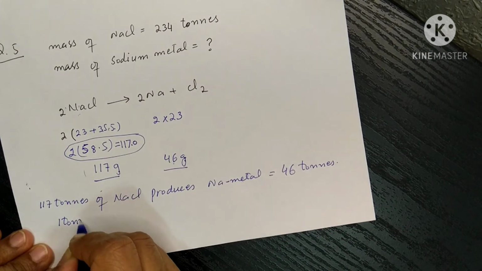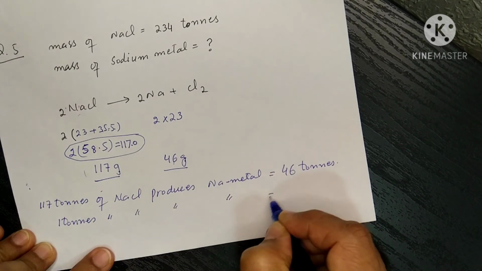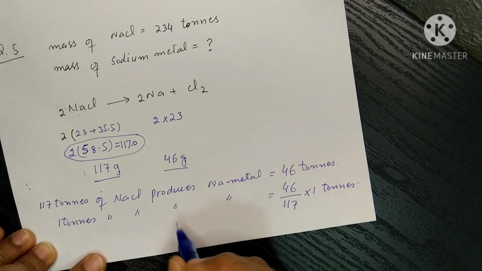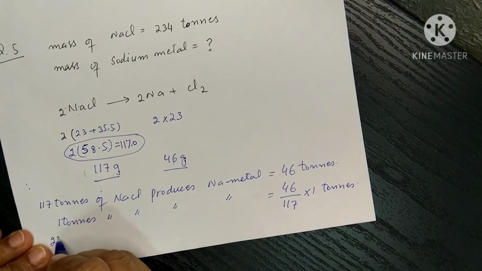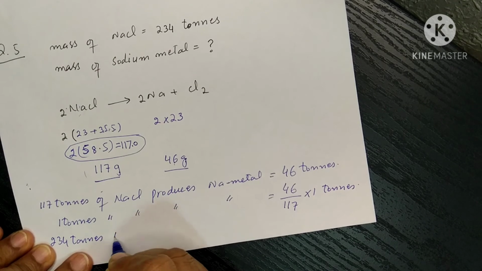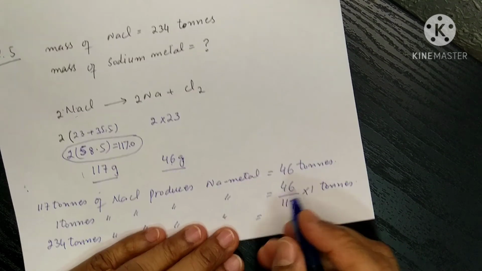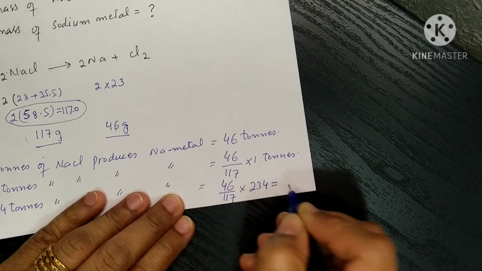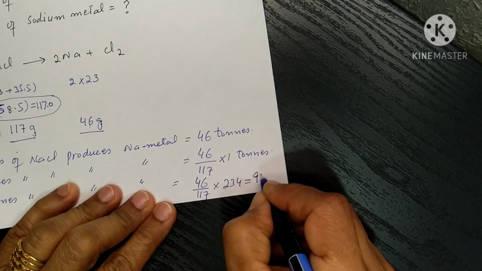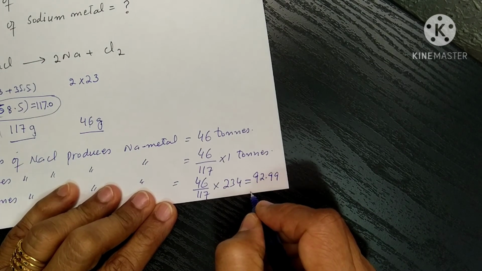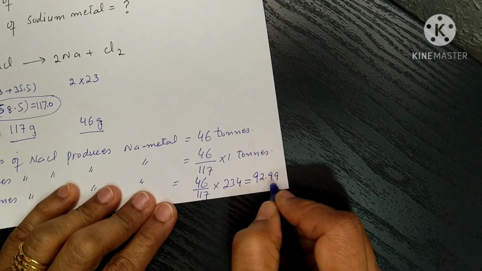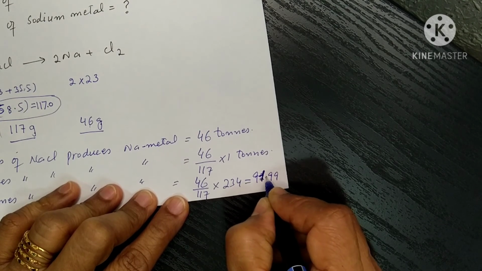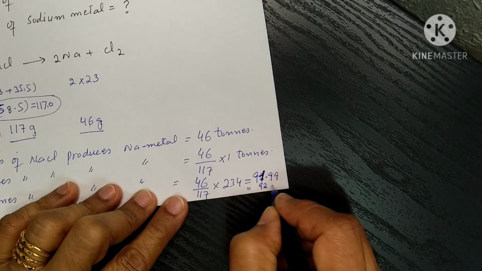So 1 ton of sodium chloride produces sodium metal 46 divided by 117 into 1, and 234 tons of sodium chloride produces sodium metal 46 divided by 117 into 234, which is equal to 91.99, that's equal to 92 tons.